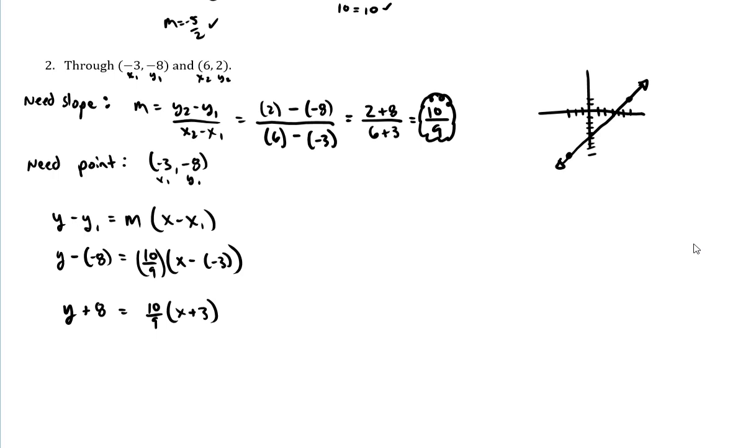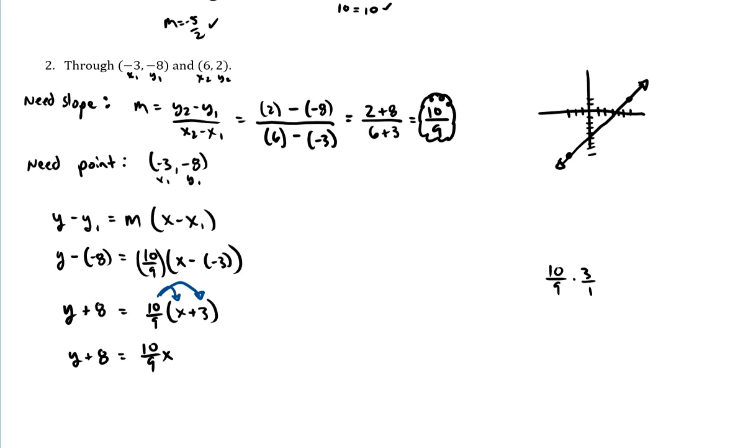And then the 10/9, I no longer put parentheses around because in this next step, I'm going to distribute anyway. So 10/9 multiplies both of those. So now our goal is to solve for y. And when we distribute, we have y plus 8 equals, well, 10/9 times x is 10/9 x. 10/9 times 3, I'm going to do that scratch work to the side.